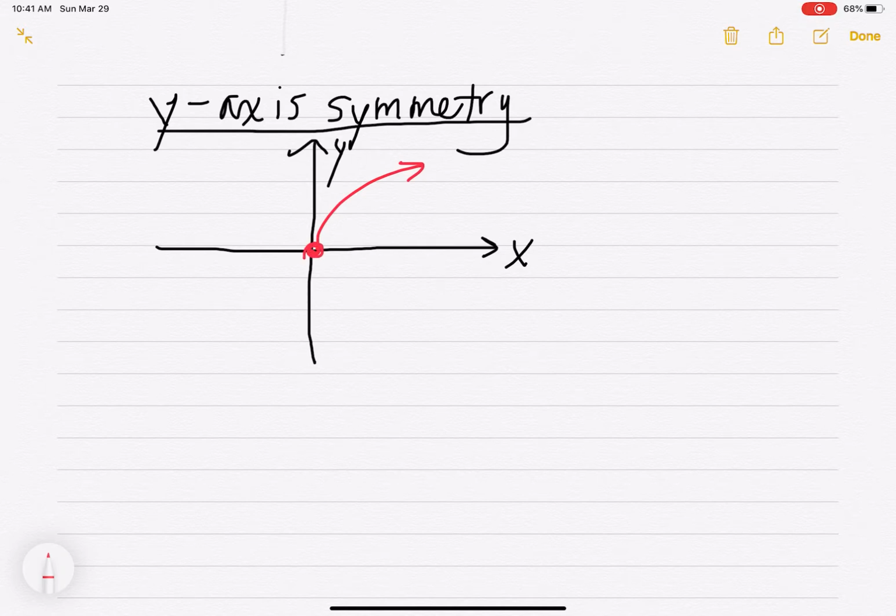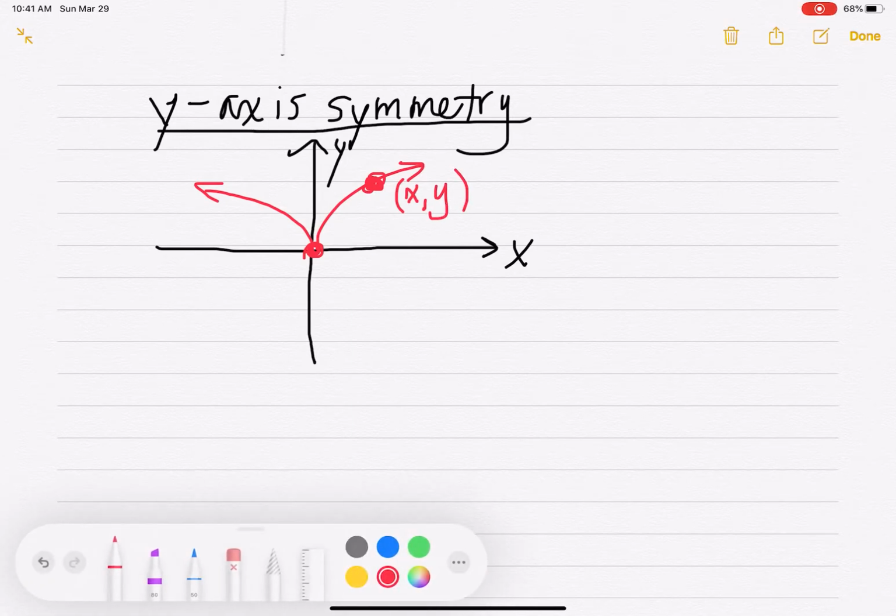So if we have y-axis symmetry, we're going to have a mirror image about the vertical y-axis. So we're going to have a piece going here in the second quadrant like so. Let me pick a point in the first quadrant that's on the graph. Let's call that point (x, y).